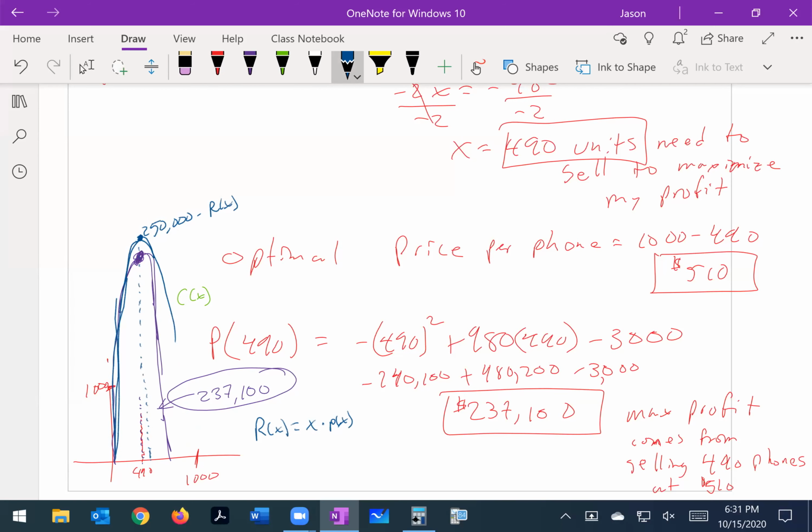We might not even care about the revenue, because the revenue is so incredibly close to the profit function that what we really want to focus on is the profit function.